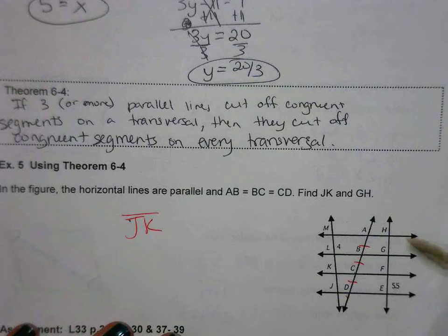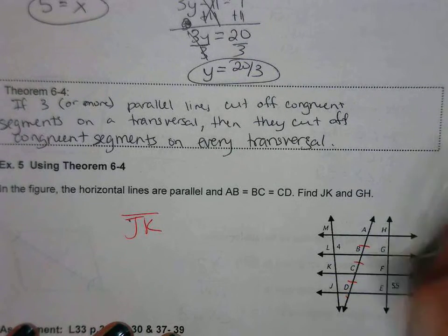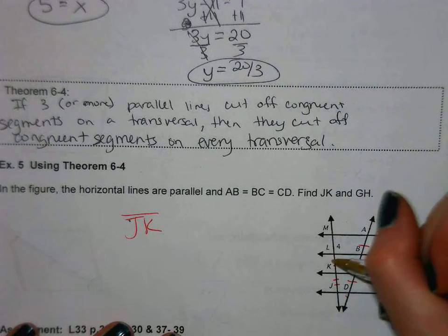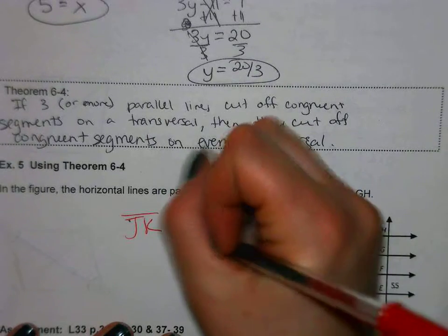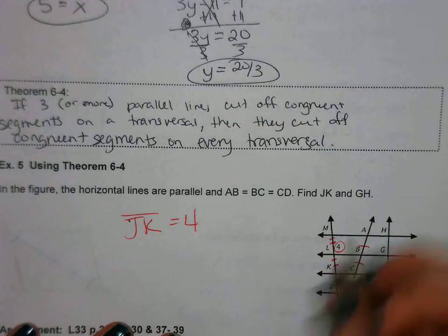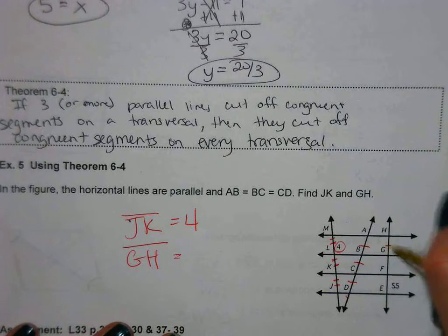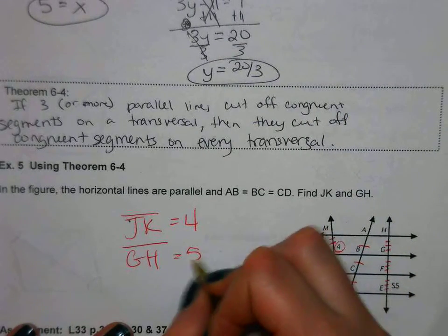Since we know these are all parallel lines being cut by a transversal, these are all congruent, so JK has to be congruent to KL and LM. So that means JK has to equal 4. And GH is congruent to GF, which is congruent to FE, so it equals 5.3.